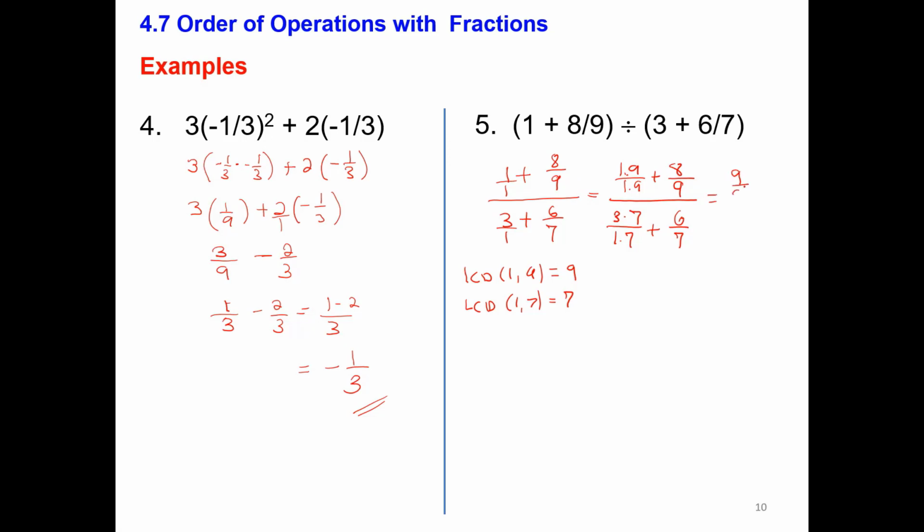We have 9 over 9 plus 8 over 9. 3 times 7 is 21 plus 6/7. If you want, you can skip some of the steps. I am just trying to do all the steps. This way you can understand.